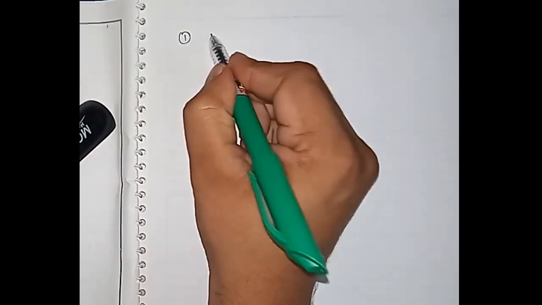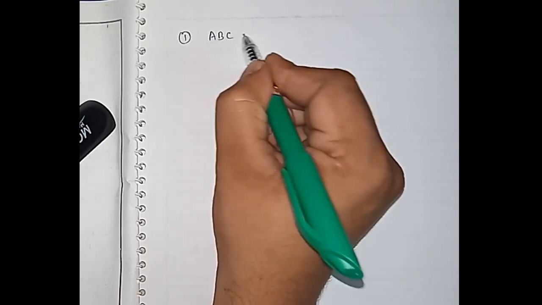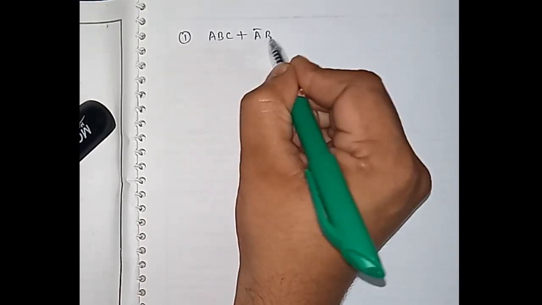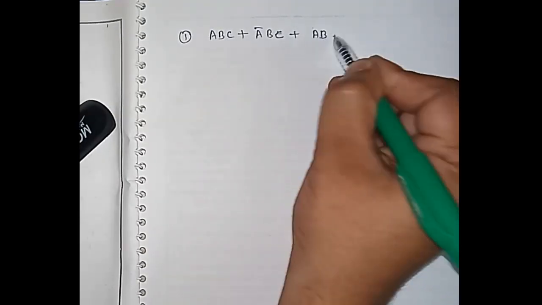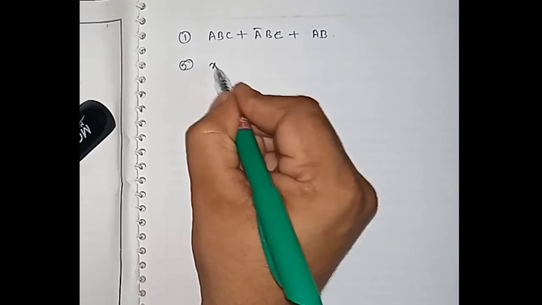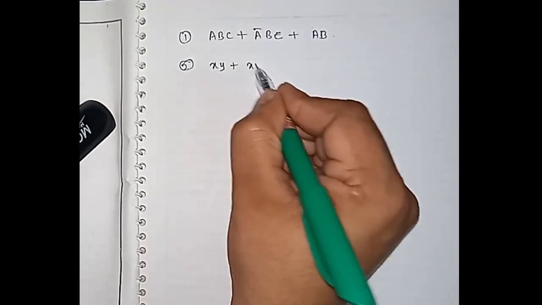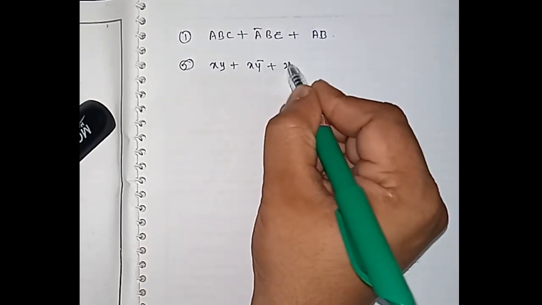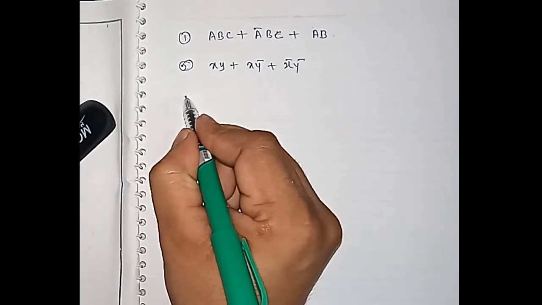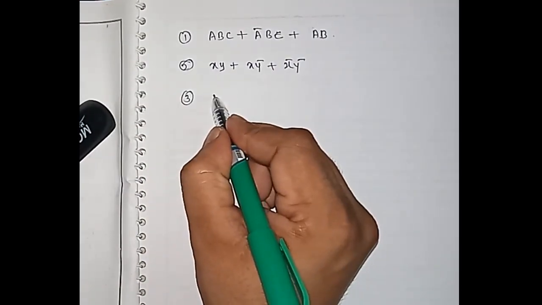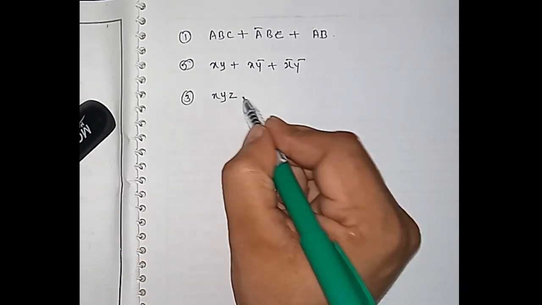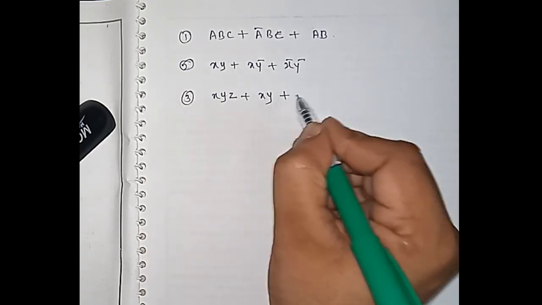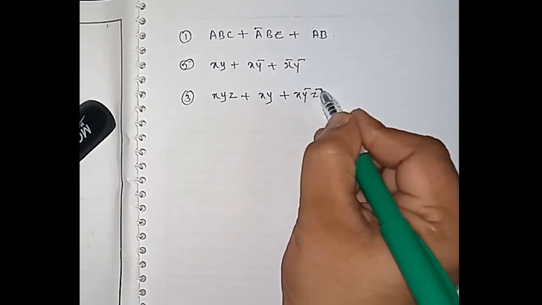Now let us consider some other examples. Suppose first we consider A, B, C plus A bar, B, C plus A, B. Second, X, Y plus X, Y bar plus X bar, Y bar. Third equation, for example, X, Y, Z plus X, Y plus X, Y bar, Z bar.